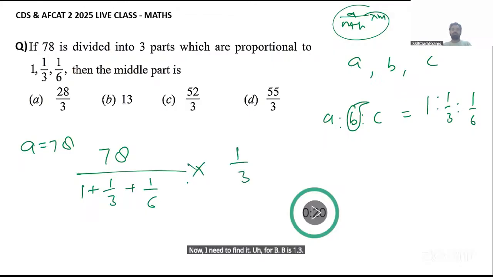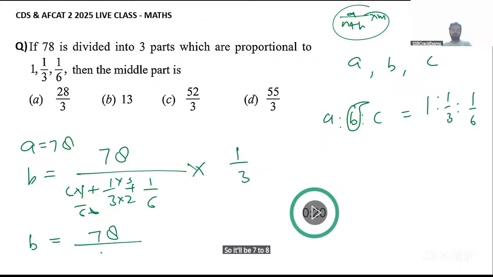So just simplify this and you will get the answer. Add these things, 3 into 6 into 6. So it will be 78 upon 9 into 2, which is equal to, 3 3s are 9, 3 6s are 18. It is 52 upon 3 approximately.